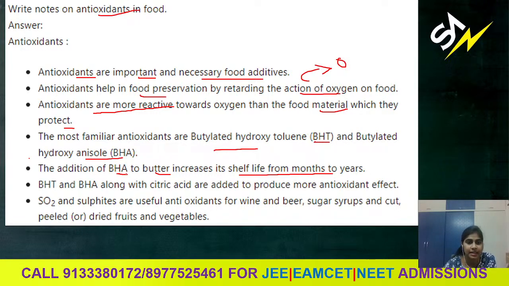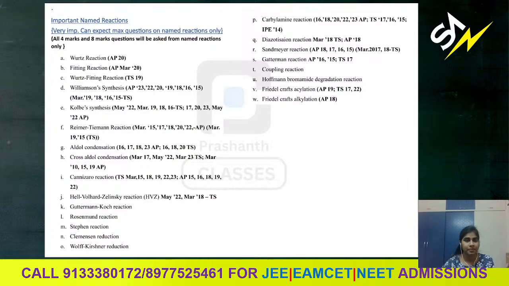BHT and BHA along with citric acid are used to produce more antioxidant effect. We can also use SO2 and sulfites as antioxidants for wine, beer, sugar syrups, and cut, peeled, dried fruits and vegetables, which can be stored for a long time. This is about antioxidants in our food.